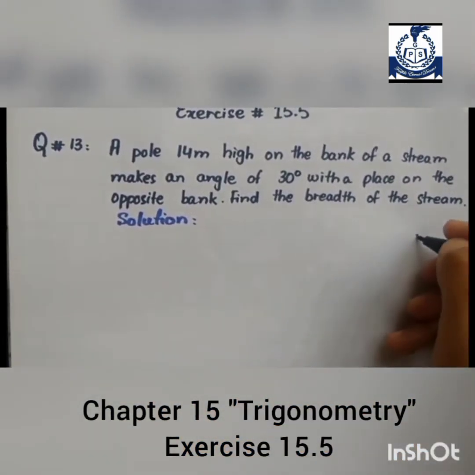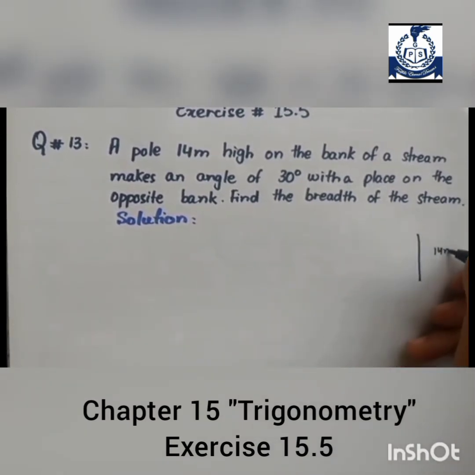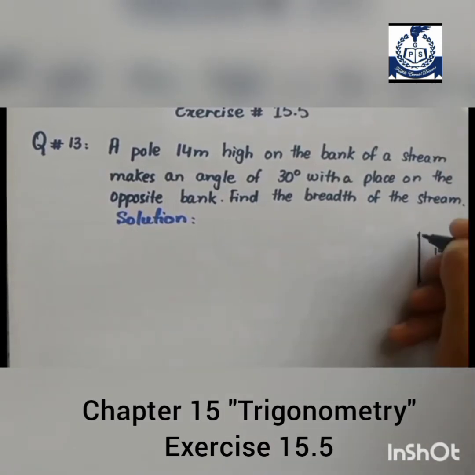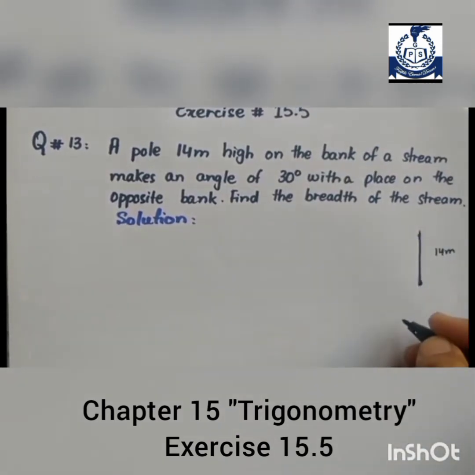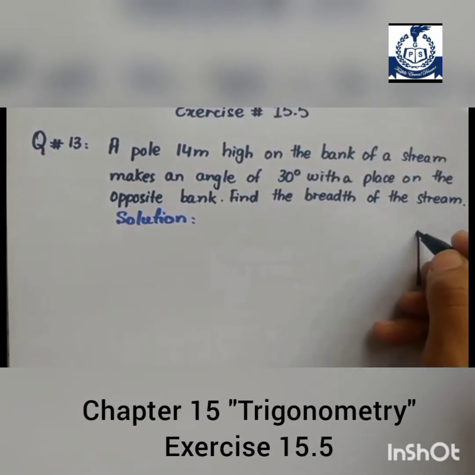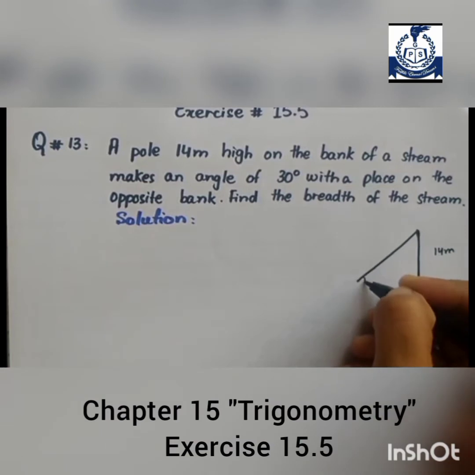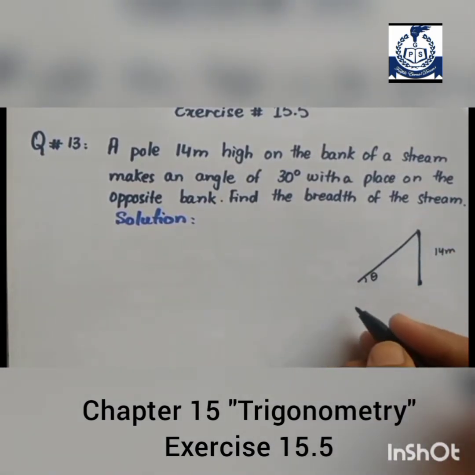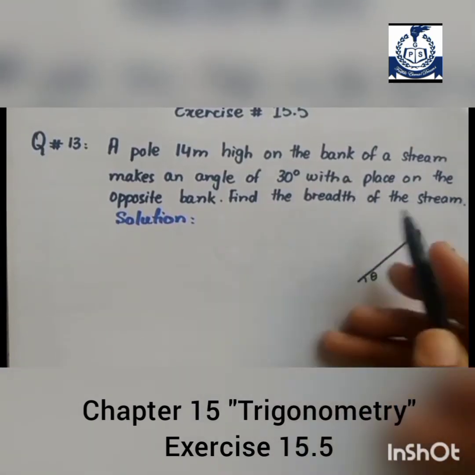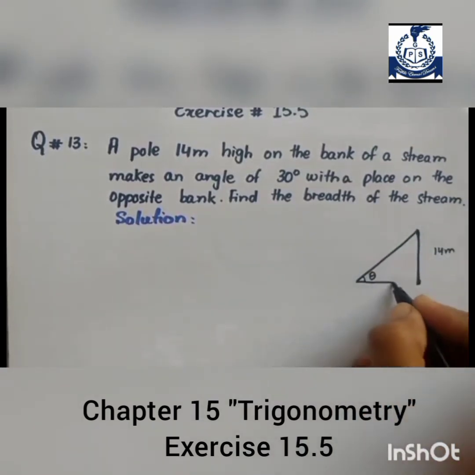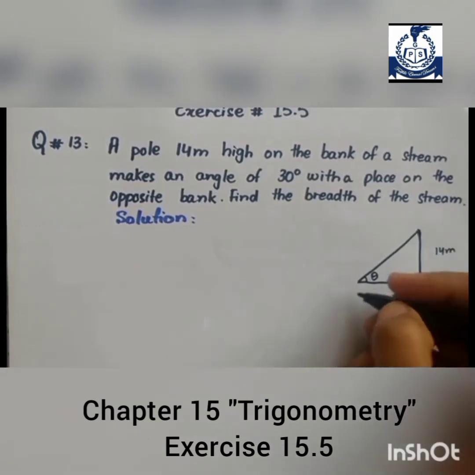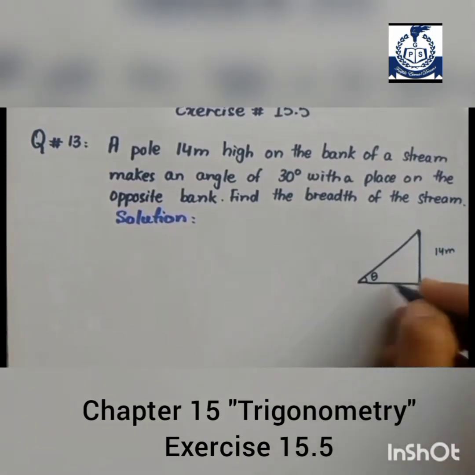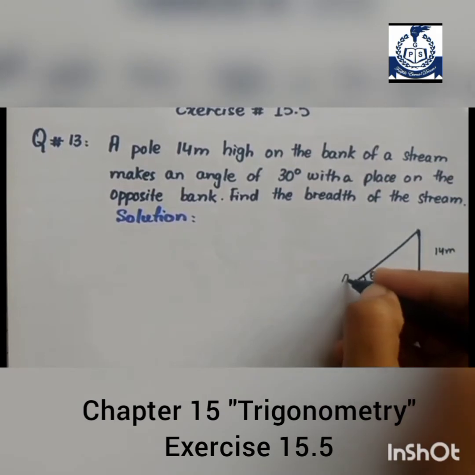So we have a pole and the height of the pole is 14 meter, and here is the bank of a stream, which is equal to 30 degree. Theta is equal to 30 degree with a place on the opposite bank. So we need to find out the breadth of the stream.